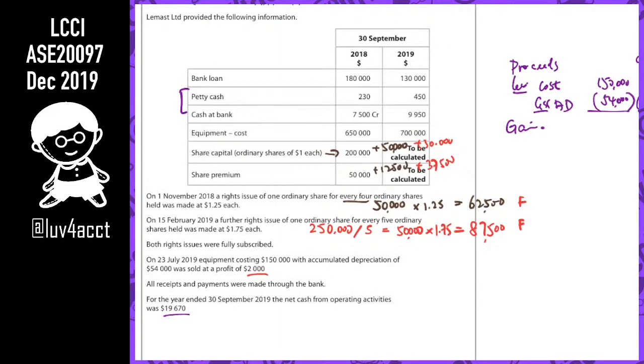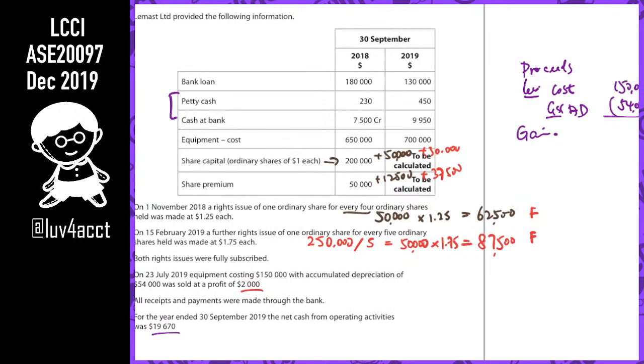So what else do we still need to finish the statement of cash flows? Here we have the bank loan. We have more bank loans, so added, let me use another color, green maybe. 50,000 here. That means we have taken out a new bank loan, or added to the existing bank loan. So financing activities positive, we receive money. Petty cash and cash at bank.